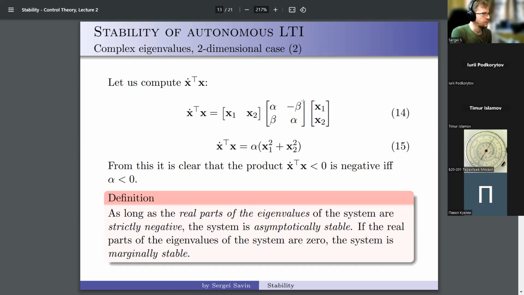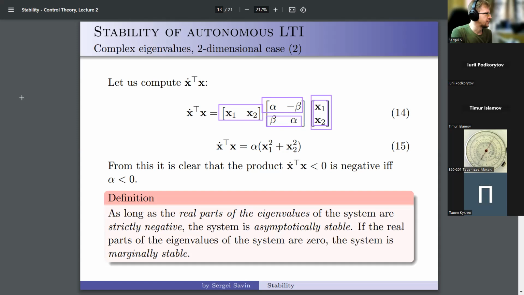Now, when we multiply this by this, we get a vector, right? Alpha x1 minus beta x2, beta x1 plus alpha x2. Then we multiply by this vector.